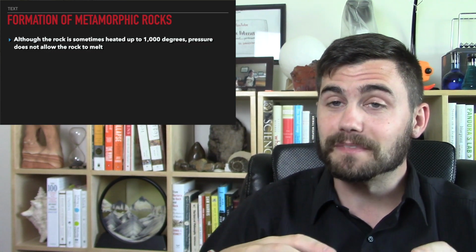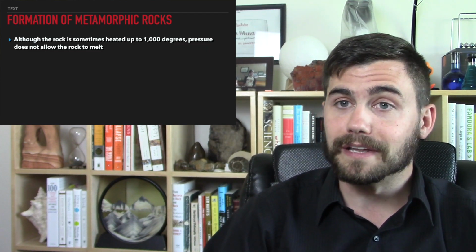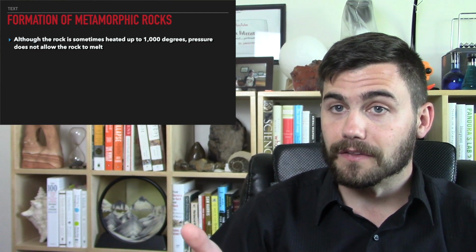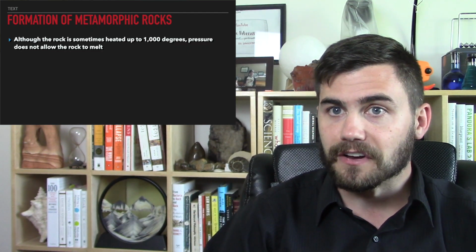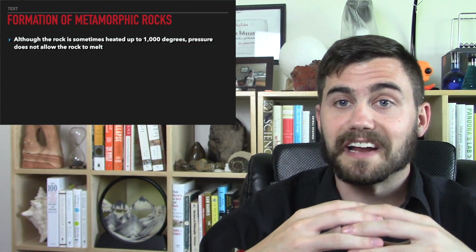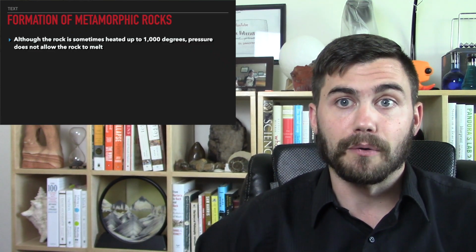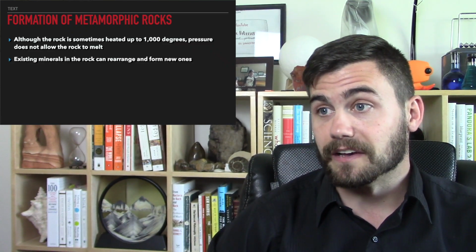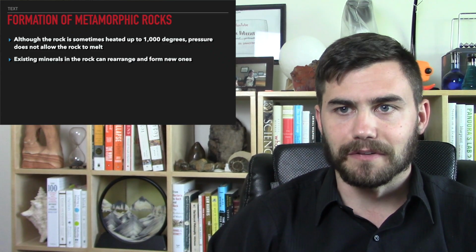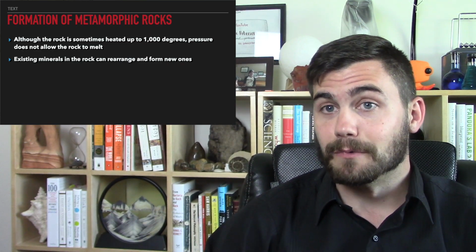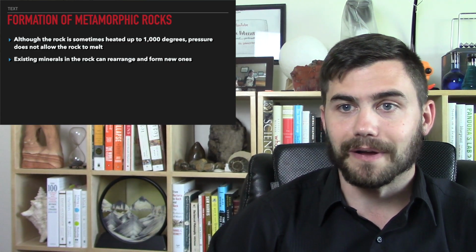The heat that forms a lot of these metamorphic rocks would normally melt the minerals, but the pressure is so intense deep below the lithosphere that it does not allow the material to flow like magma does. And I alluded to this earlier, but the existing minerals within the rock can rearrange and form brand new ones.